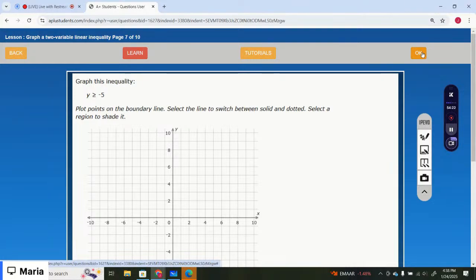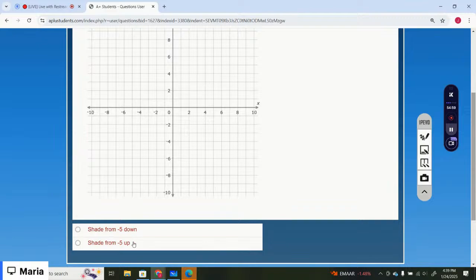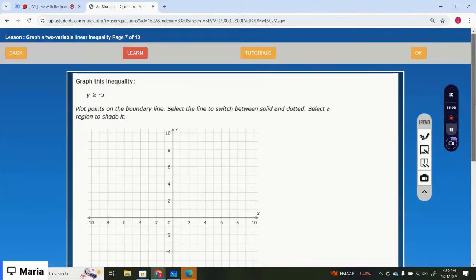Graph the inequality: y is greater than or equal to negative 5. So which is the correct option? That would be shade from negative 5 up.